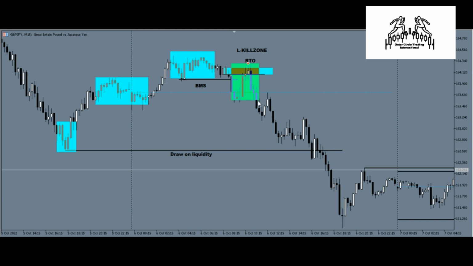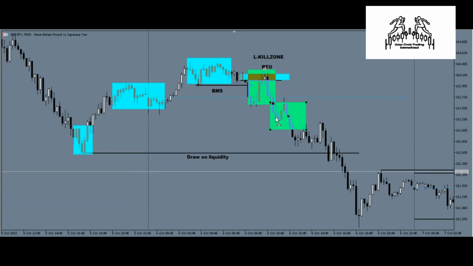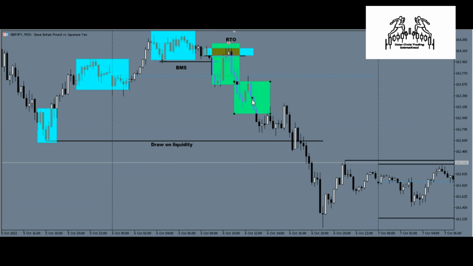And what is happening? A break in market structure. Right? The break in market structure. You can mark this area here.